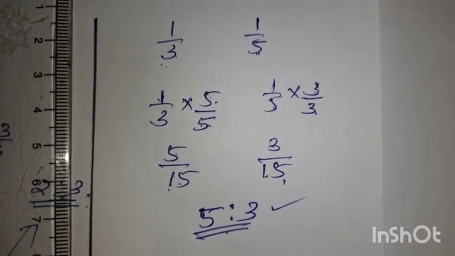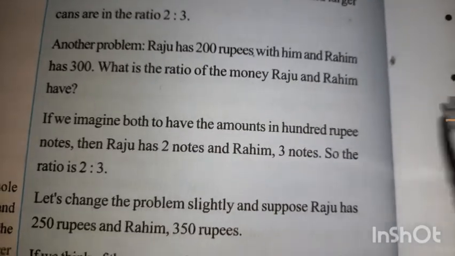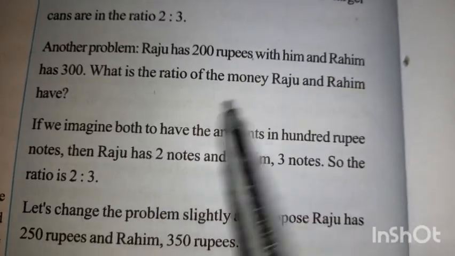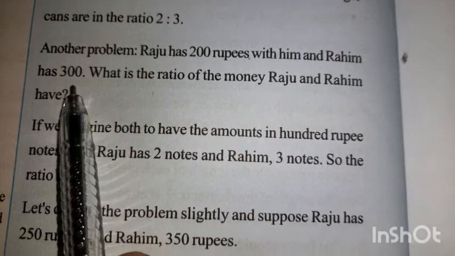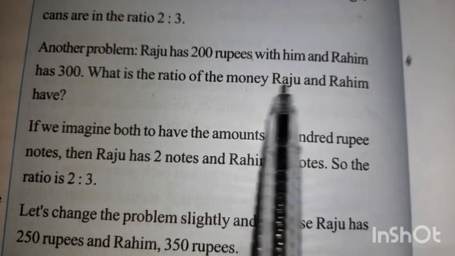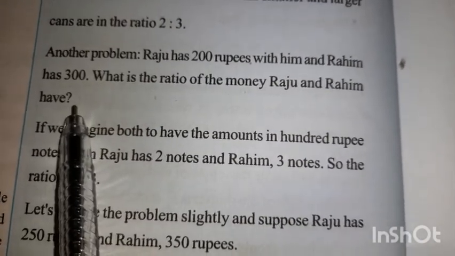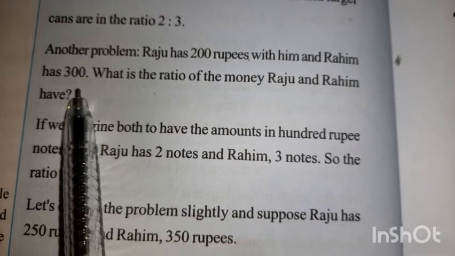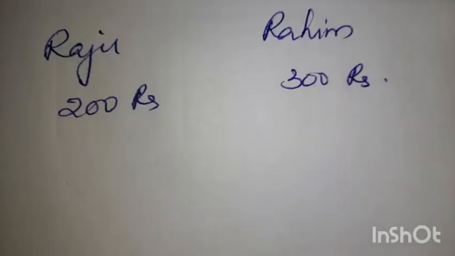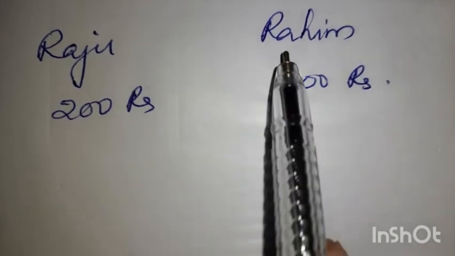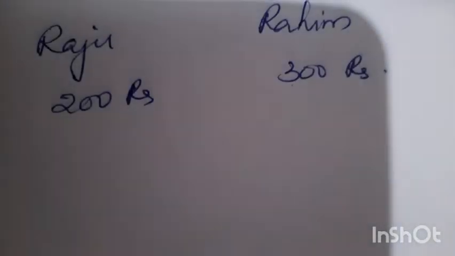Raju has 200 rupees with him and Rahim has 300. What is the ratio of the money Raju and Rahim have? 200 rupees and 300 rupees. So Raju had 200 rupees and Rahim had 300 rupees.